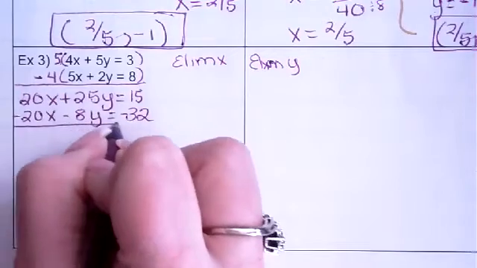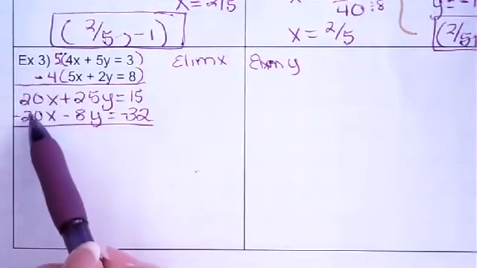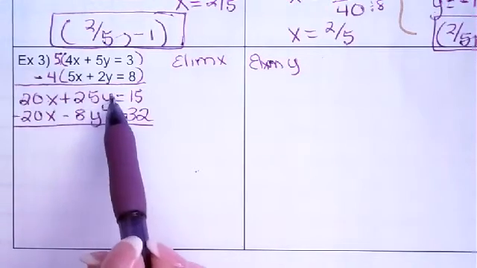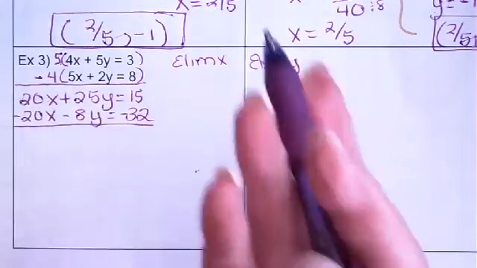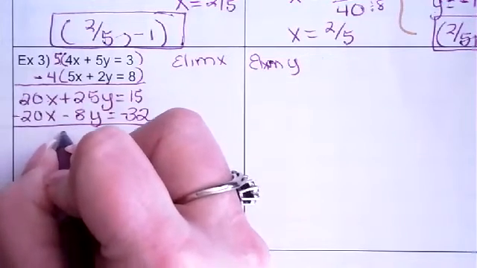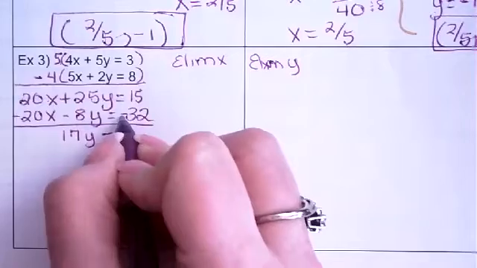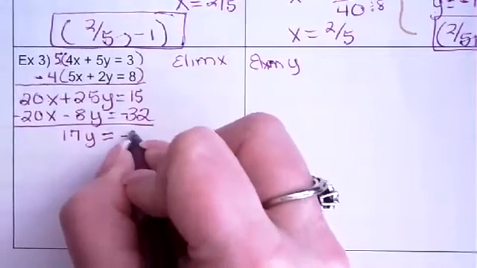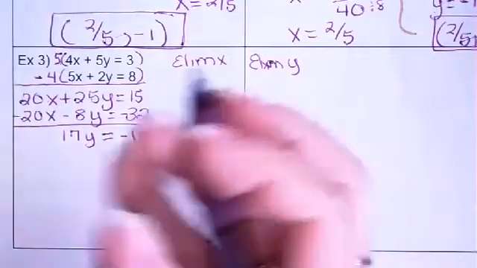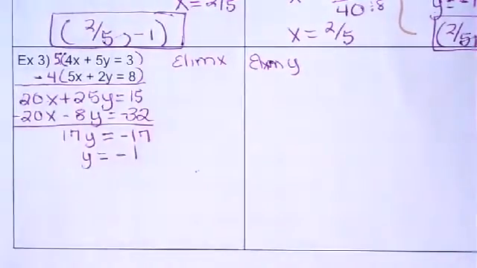Now, if I combine those together, 20x minus 20x, that is 0. 25y minus 8y is going to give me 17y. 15 minus 32 is going to give me negative 17. If I divide, I get y is equal to negative 1.